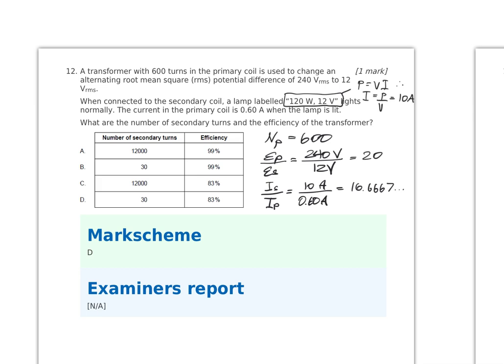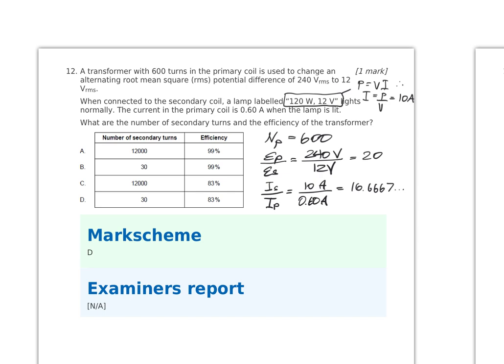But what actually gets produced? We have a 120 watt 12 volt lamp. If we figure out the current in that lamp, that's 10 amps worth of current. And it says that the current in the primary coil is 0.6. If you do the ratio of secondary current to primary current, we get 16.67, 16 and 2/3. The original ratio of the voltages was 20. So there is a loss there.